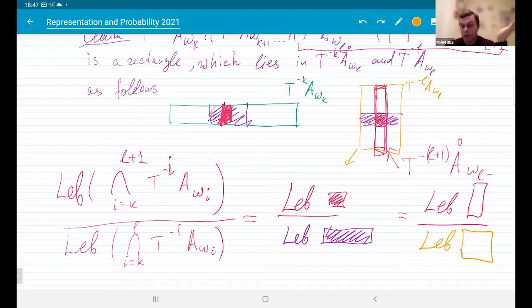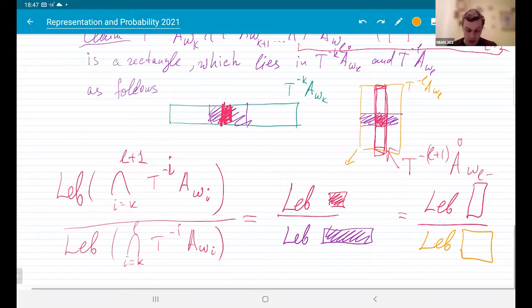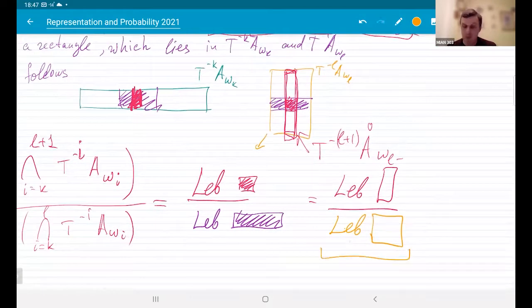And therefore, these ratios are the same. But this ratio is fixed. It doesn't depend on anything. In fact, one can say that this is pi omega L plus 1, by definition.